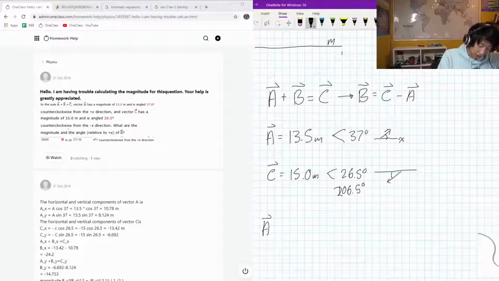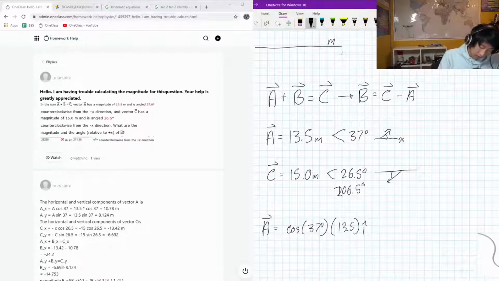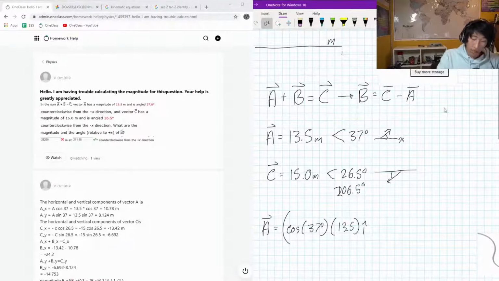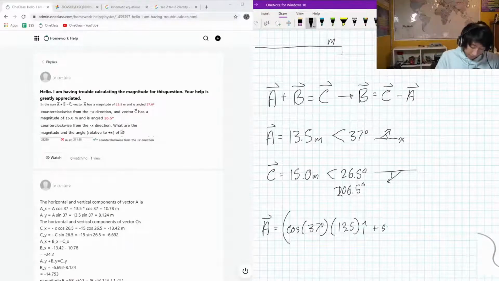So for a, to convert it, the i component is going to be horizontal, and that's going to correspond to a cosine. So cosine 37 degrees times 13.5 in the i direction. I'll write the units outside. And in the j direction, it's also going to be positive. It's going up towards the upper right, so it's going to be sine. So this is going to be plus sine 37 degrees times 13.5, all meters.